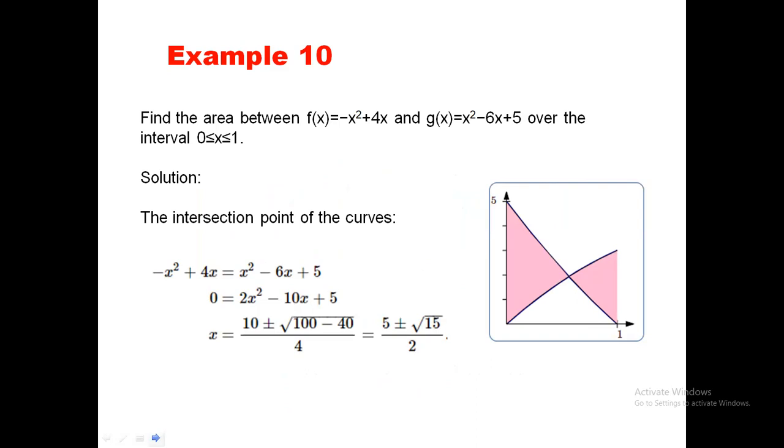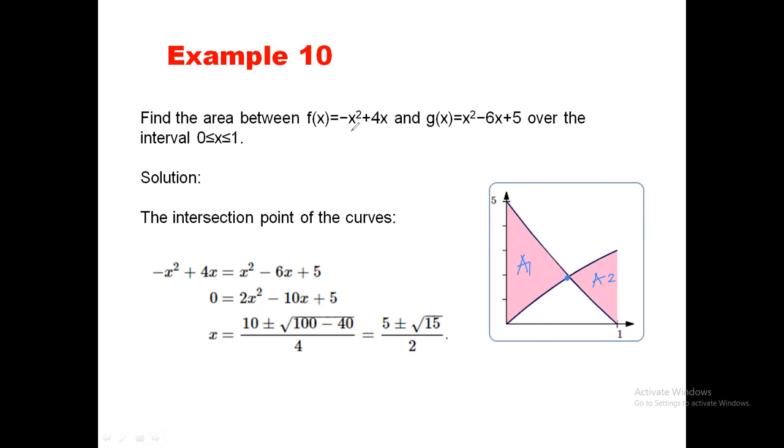Example 10. Find the area between the function f of x and g of x over the interval 0 to 1. So you have two separate areas again. You have this area and you have this area. You need to find this point of intersection.